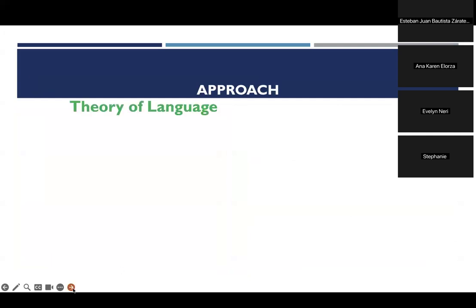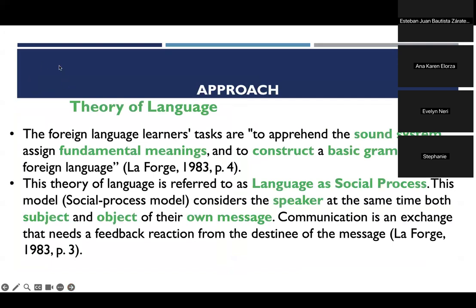Then, what's the theory of language? For community language learning, the foreign language learner's tasks are to apprehend the sound system, assign fundamental meanings, and construct a basic grammar of the foreign language.